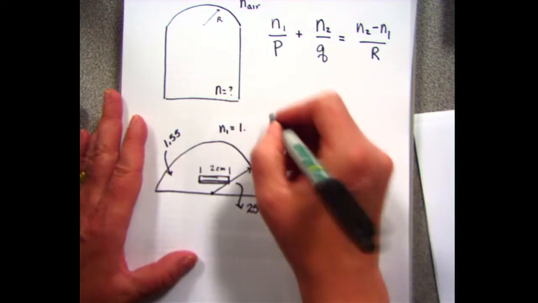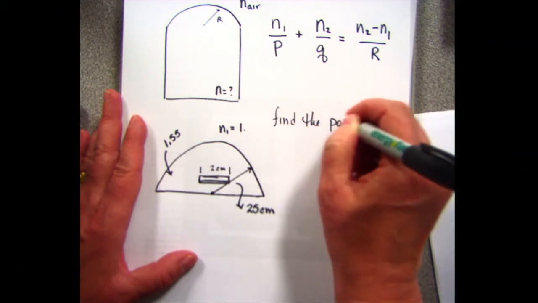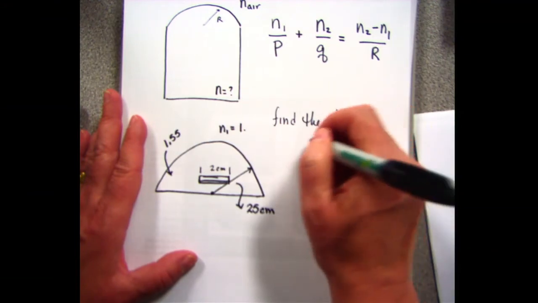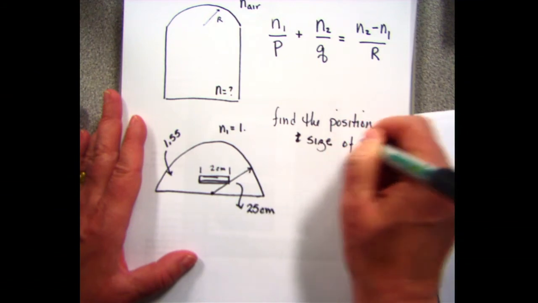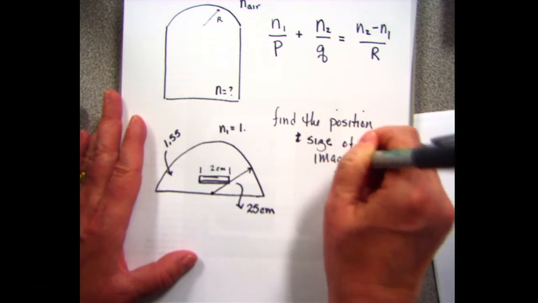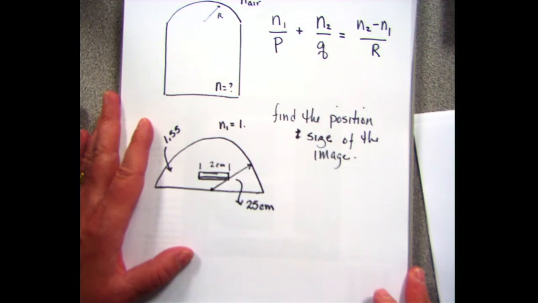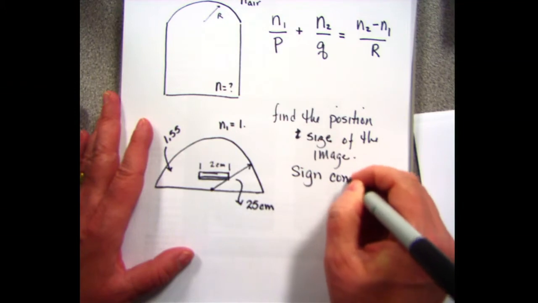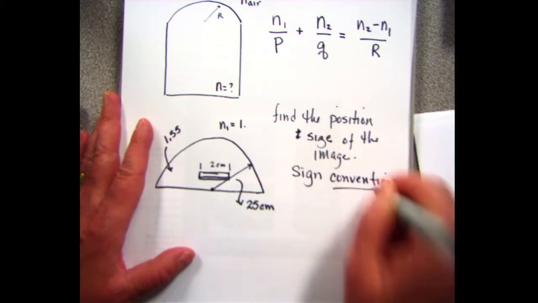And we want to find the position and the size of the image. We've got to watch our sign conventions. And those are important.